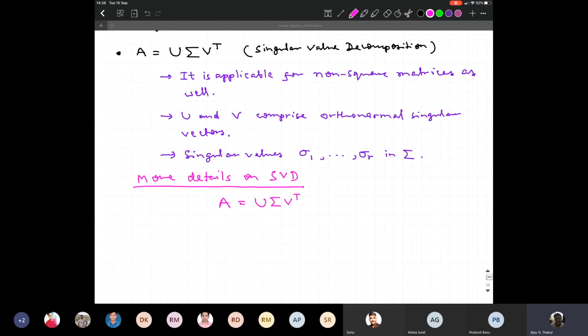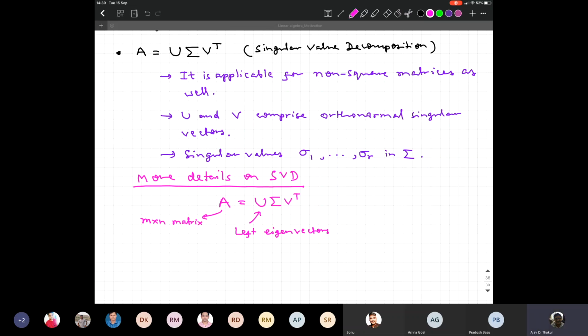Okay, so here this U and V are respectively the left and right eigenvectors. Suppose A is an M cross N matrix; M can be equal to N also.